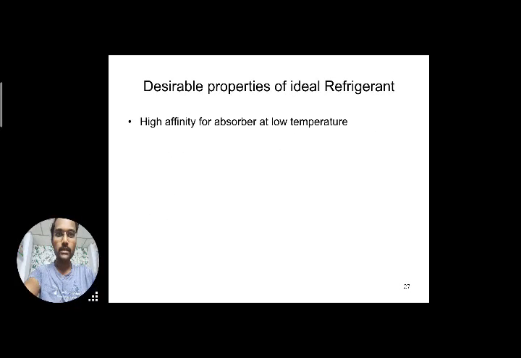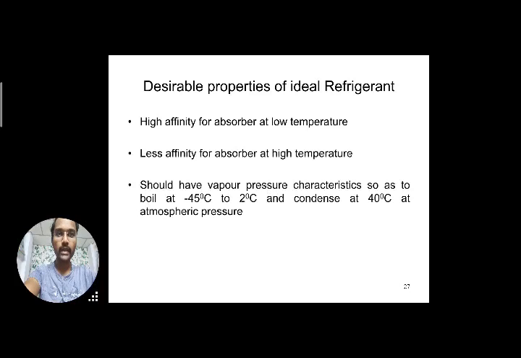Next, high affinity for the absorber at low temperatures, and less affinity for the absorber at high temperatures. If you observe clearly, a combination of refrigerant and absorbent is there. The affinity should be high at low temperatures. It should maintain very high affinity between refrigerant and absorbent.